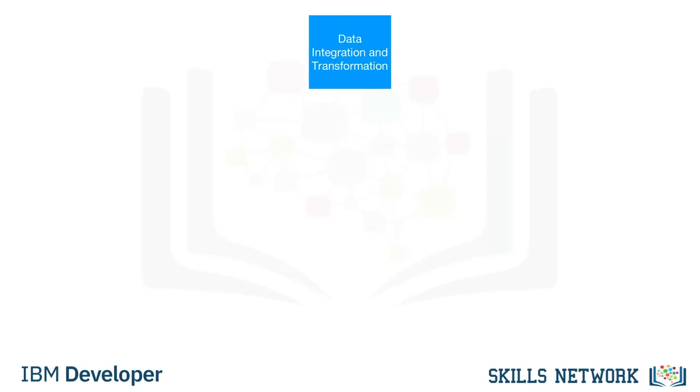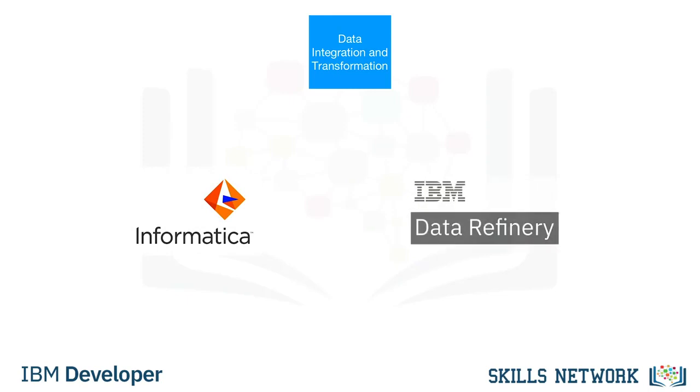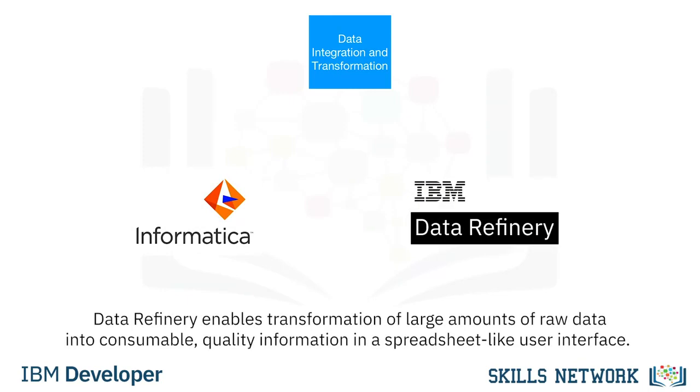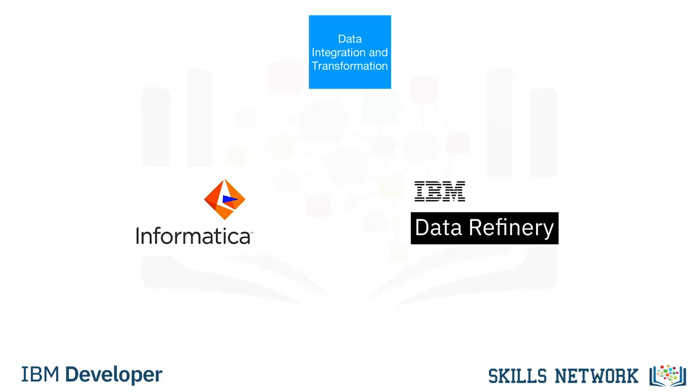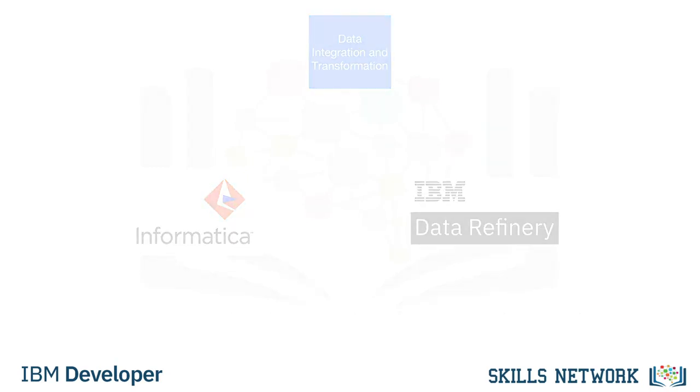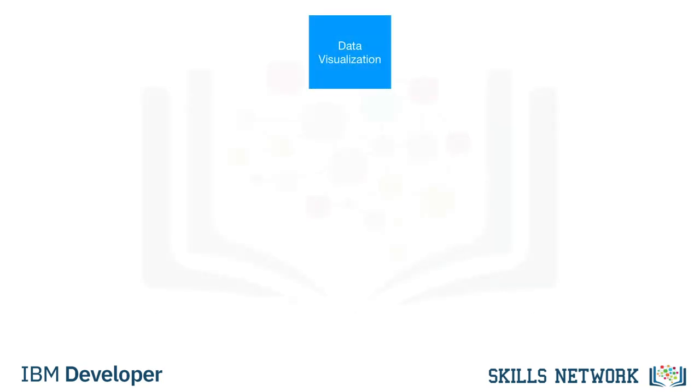Two widely used commercial data integration tools are Informatica Cloud Data Integration and IBM's Data Refinery. Data Refinery enables transformation of large amounts of raw data into consumable, quality information in a spreadsheet-like user interface. Data Refinery is part of IBM Watson Studio. The market for cloud data visualization tools is huge, and every major cloud vendor has one.